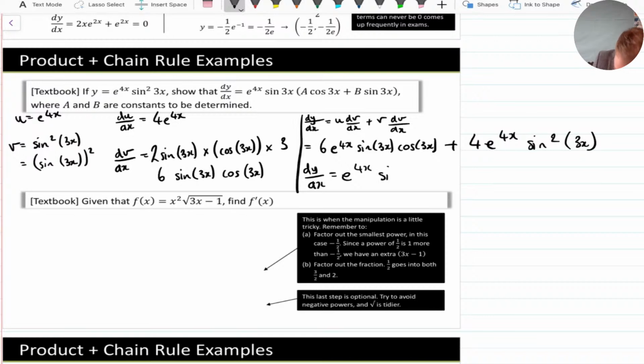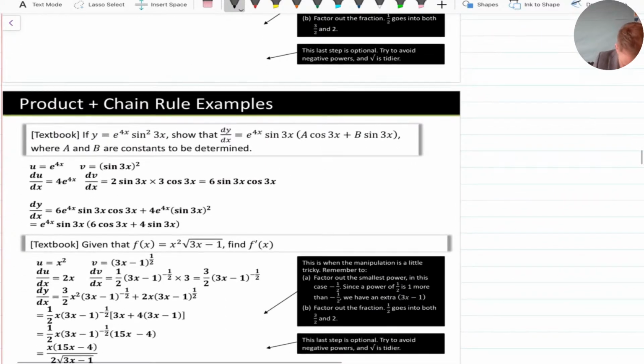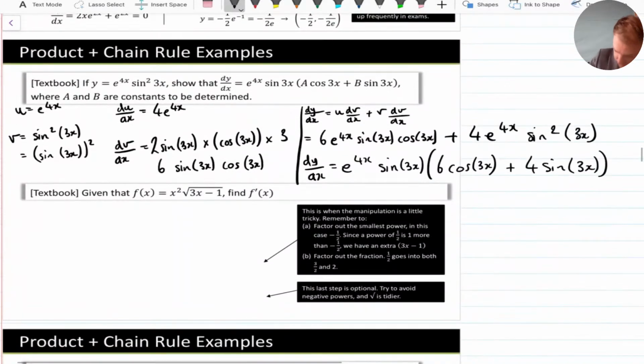Let's take a sine of 3x out. So I'm left with, open bracket, 6 cos of 3x plus 4 sine of 3x. Let's just check those. 6 and 4, yeah, good. Brilliant. So that's the first one. Nice and straightforward, just doing all the different parts here.